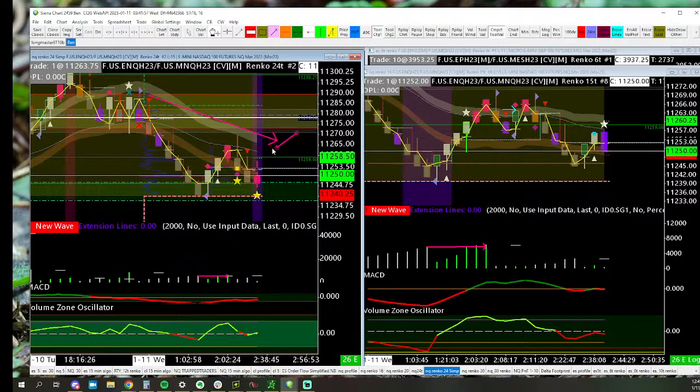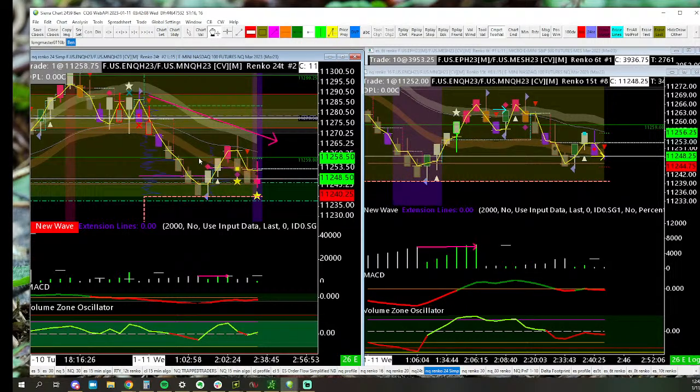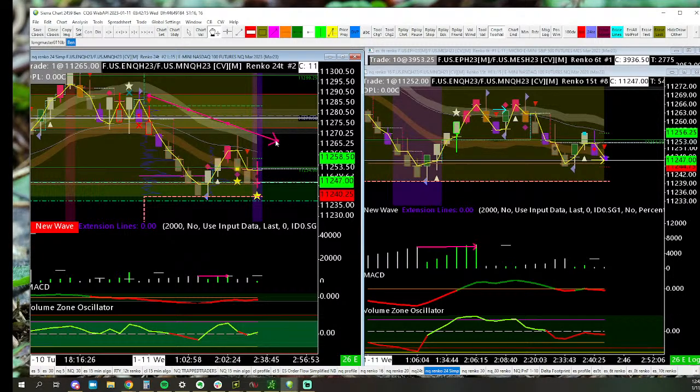So if we can get a white bar or a green bar that has this yellow line above the highest of the two, which is this one, then pullbacks that get defended can get bought.